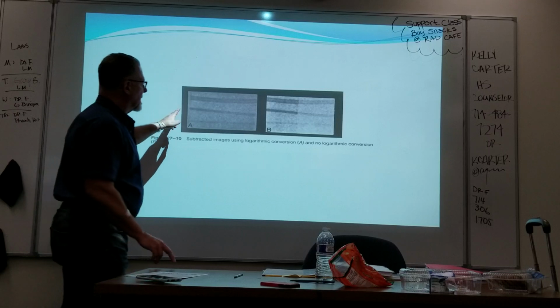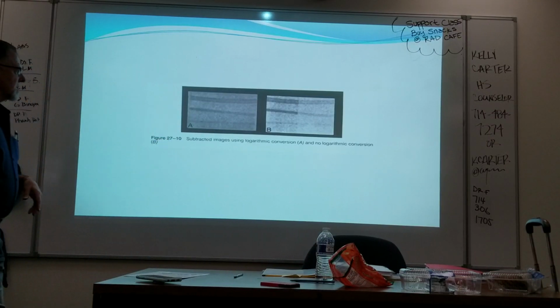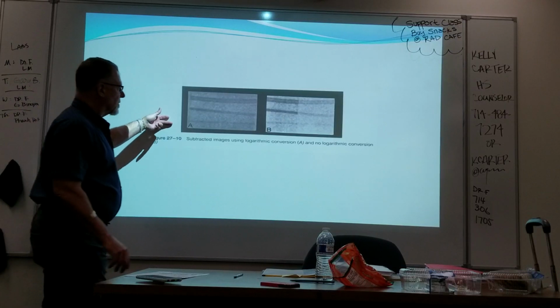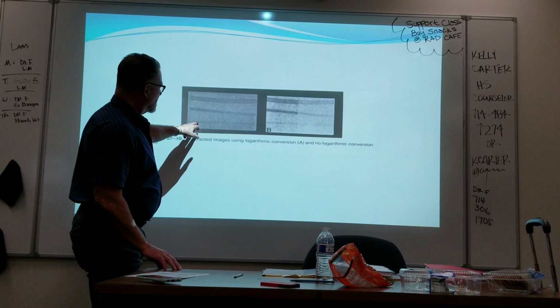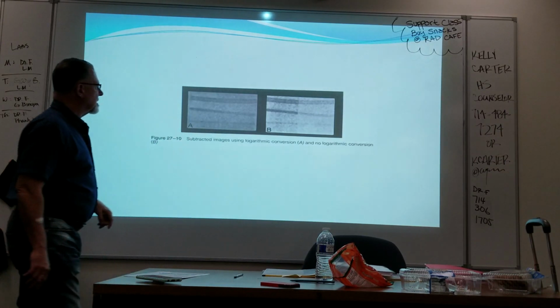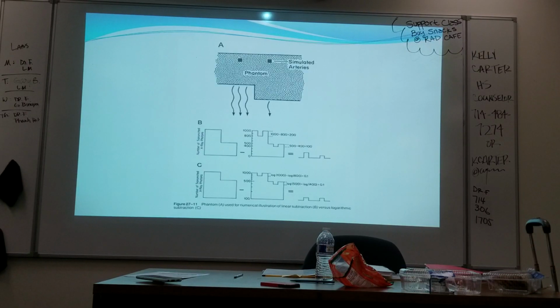So you can do phantoms to check how well subtraction works. So you've got logarithmic conversion or no logarithmic conversion. What can you see? I think this is a 1 millimeter catheter with an iodine solution in it. So there's lots of things you can look at to determine if the system is going to show you and demonstrate for you what you need to see.